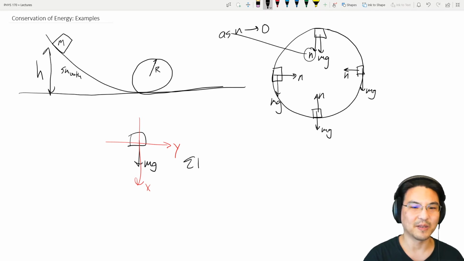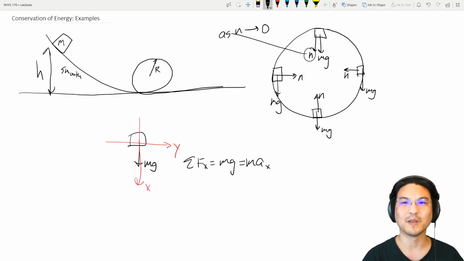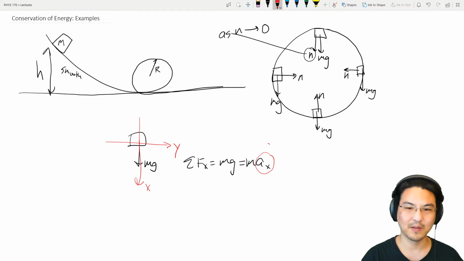Right, so the sum of forces in x is only that one, equals mass times acceleration. But notice that it's going in a circle, so the acceleration is centripetal, meaning v squared over r.